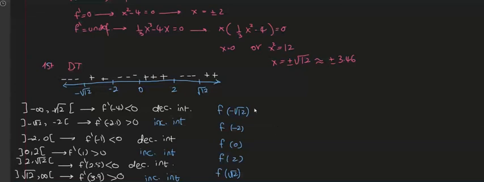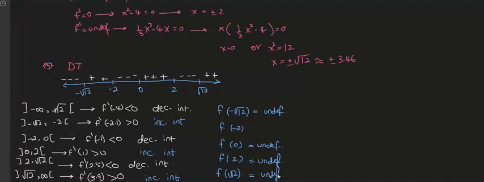So here at negative square root of 12, this function is undefined, so we have an error in calculating the corresponding y. At 2 and at 0, it's undefined as well, and also at the square root of 12.